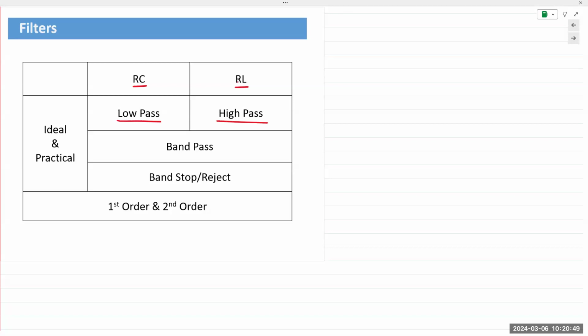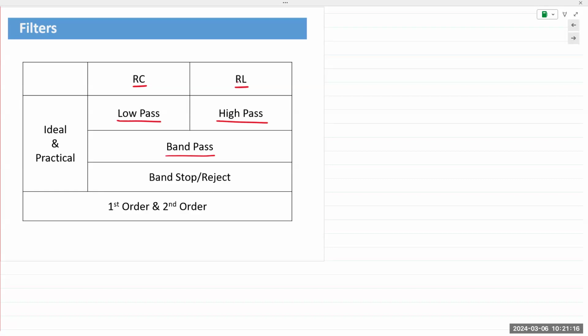If you combine a low pass and a high pass circuit together, you get what is known as a band pass filter, BPF. Most filters that we use in everyday life are band pass filters. It will only allow a certain band of frequencies to pass through. Everything else is blocked.